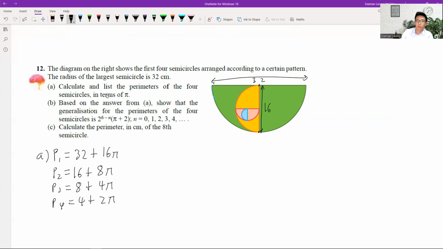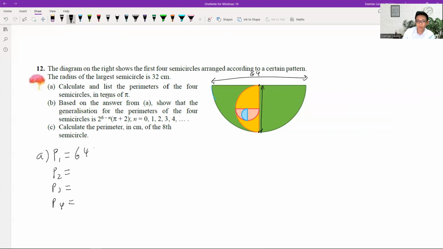So in the textbook, what they did is factorizing the numbers here. Oh, sorry, my mistake. It's the radius that is given. That's the diameter, which means it starts at 64.